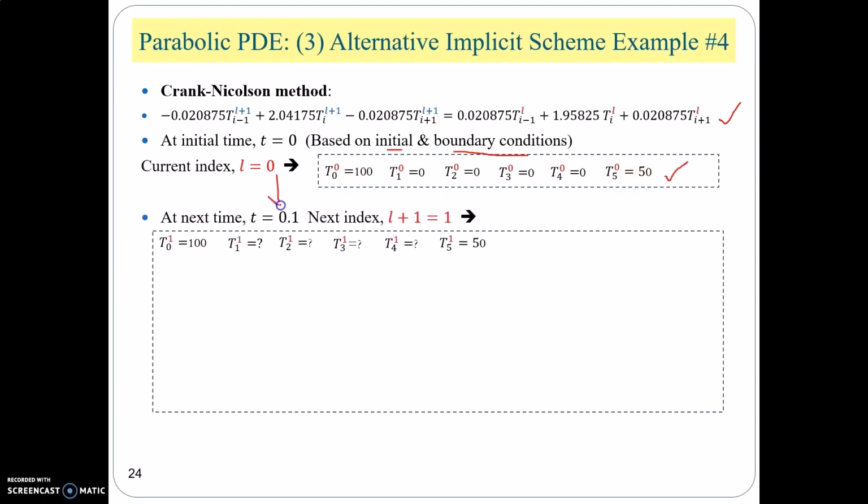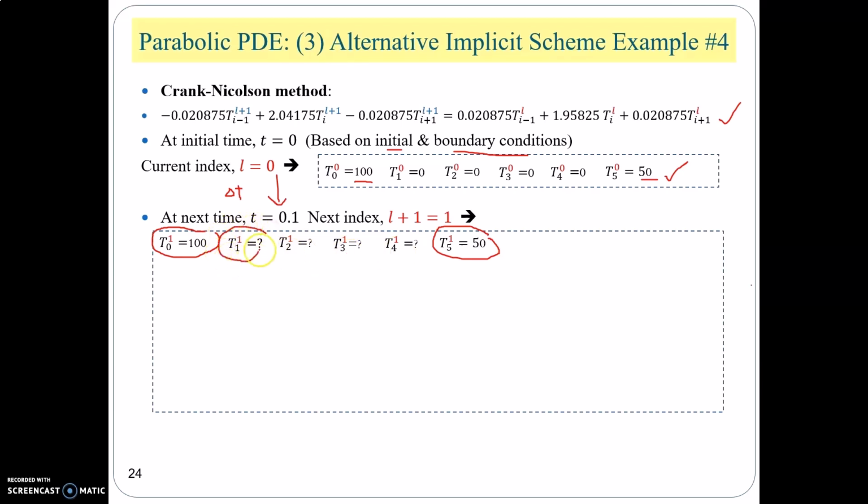As delta t is equal to 0.1, we need to find the temperature at t equal to 0.1. So you can see that the temperature at x0 and the temperature at x5 is equal to 150, following the boundary condition. And for the rest, we need to find the temperature at points x1, 2, 3, and 4.